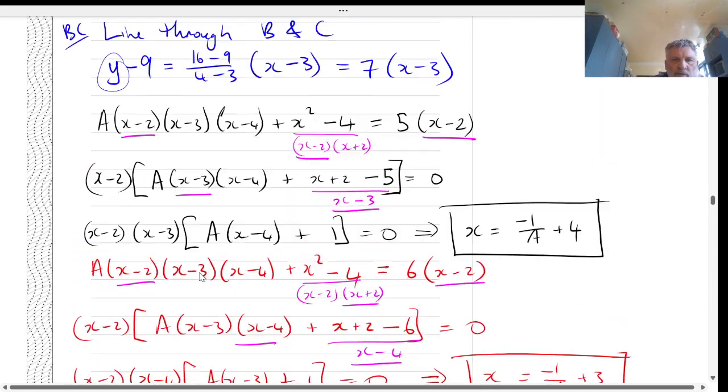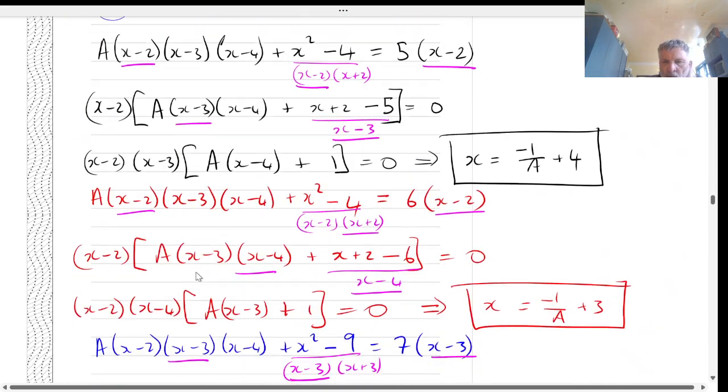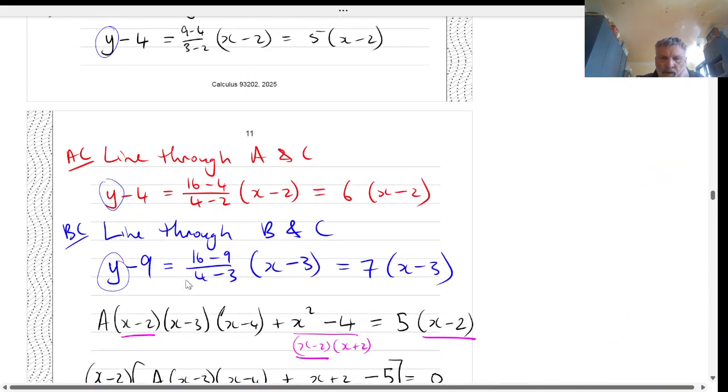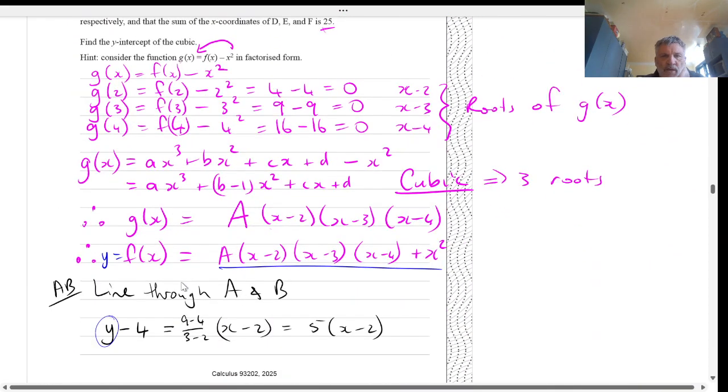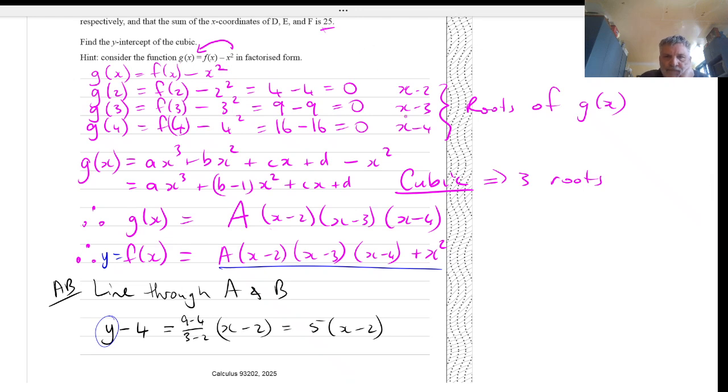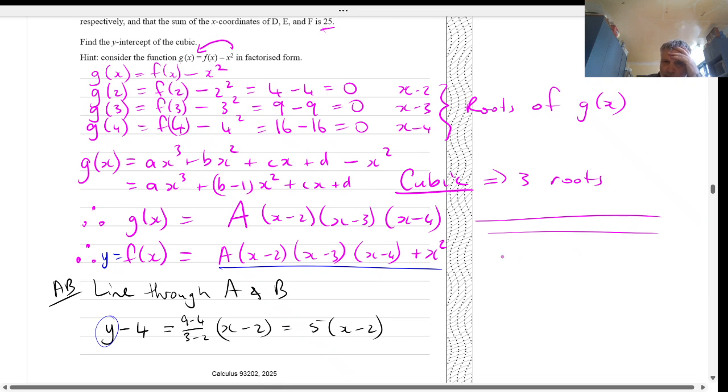And golly gosh, we ran out of room. Let's go up and do some on the side here. So we've got these 3 values: minus 1 over a plus 4, plus minus 1 over a plus 3, plus minus 1 over a plus 2.